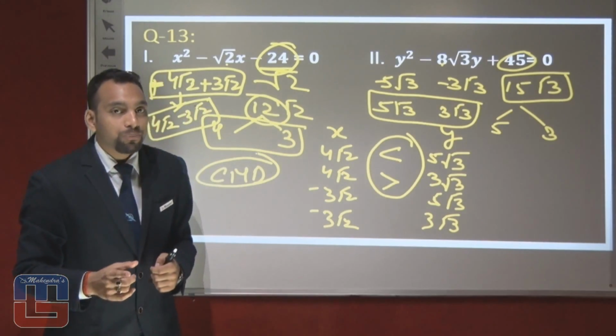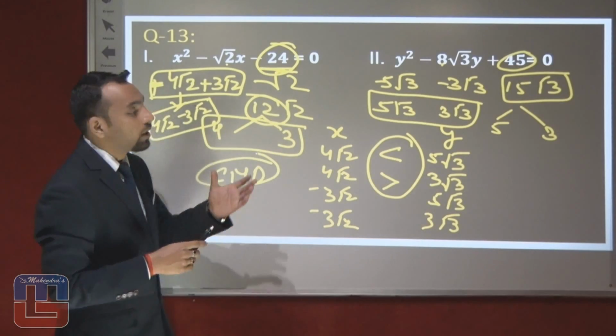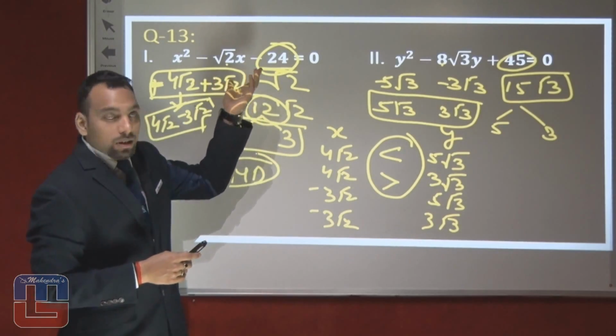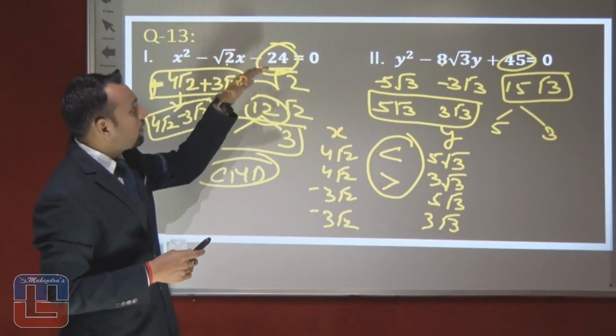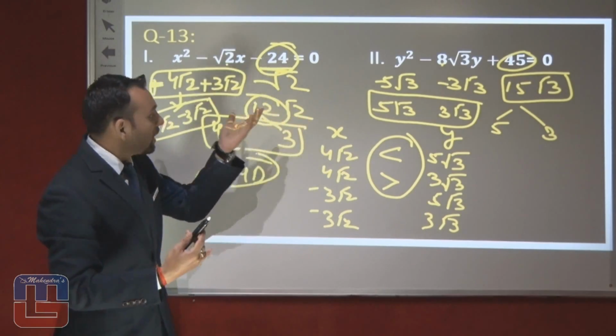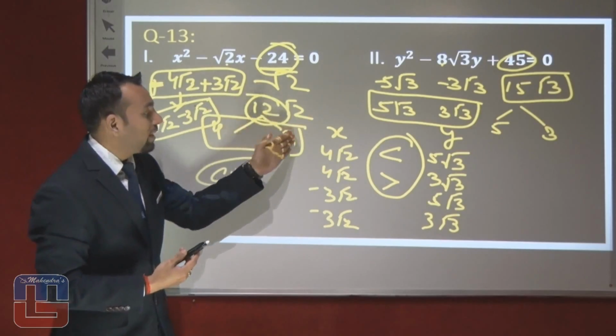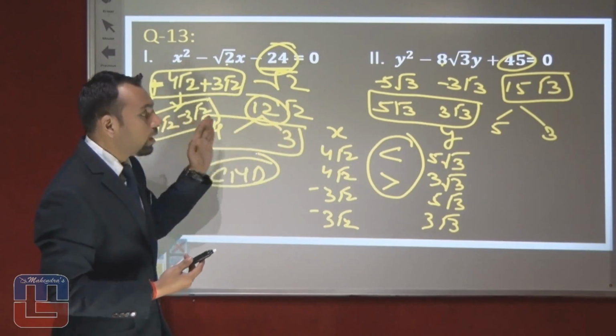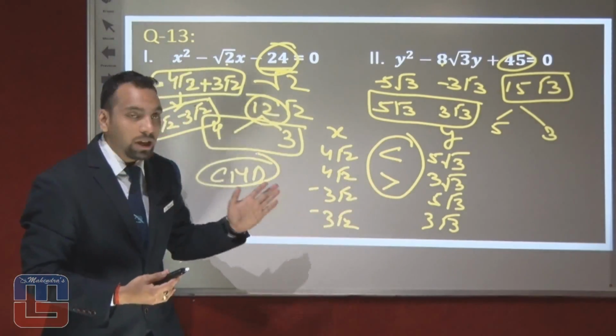Firstly, you have to check this 24 divided by this root 2, and you will get 12 root 2. Then break this 12 into two nearest factors, and the same way you will find the answer.